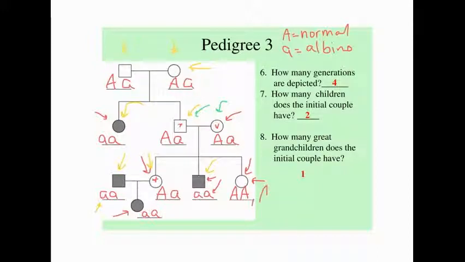Or she could have gotten one dominant and one recessive. Either way, she would not have albinism. So we can narrow down her genotype to big A, big A, or big A, little a, but we cannot figure out exactly what it is by just looking at the pedigree chart.